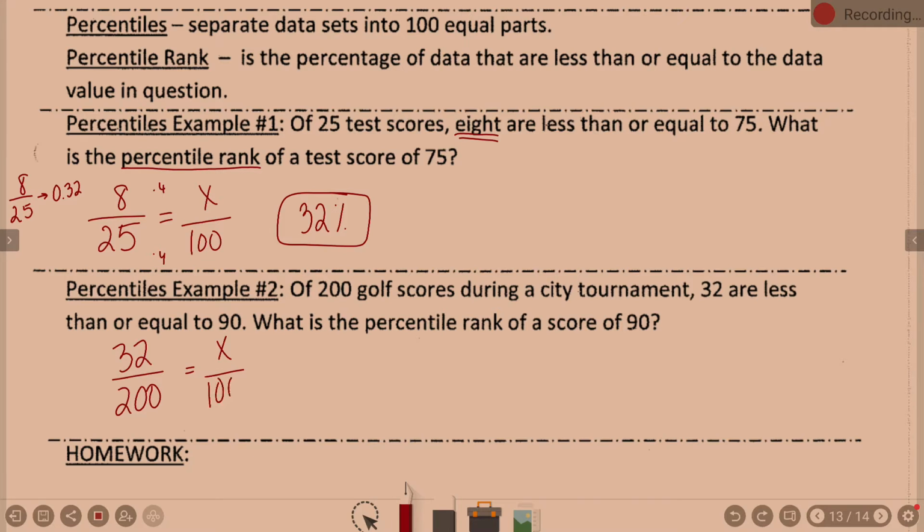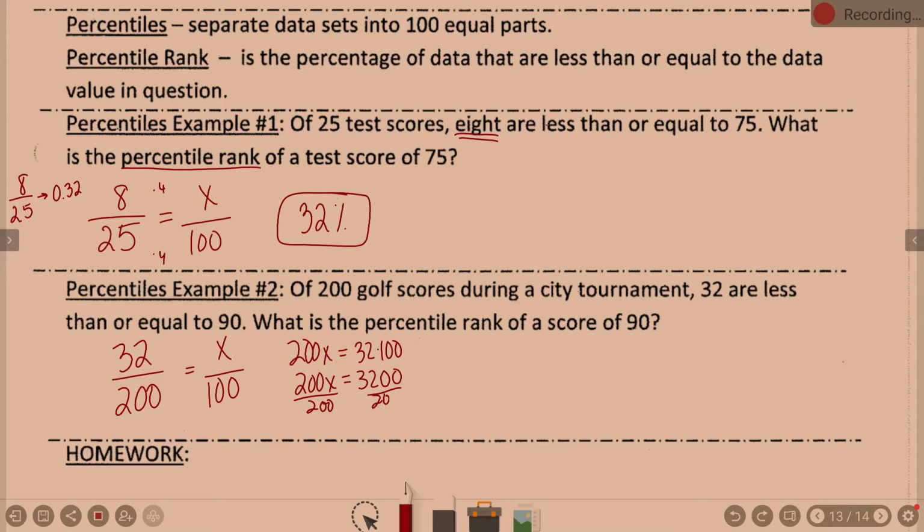If you don't want to do that, then just do 32 divided by 200 and turn it into a decimal. You could look here, 200 divided by 2 gets to 100, or if you're doing your cross products, which it looks like I saw you just circle, 200x equals 3200.